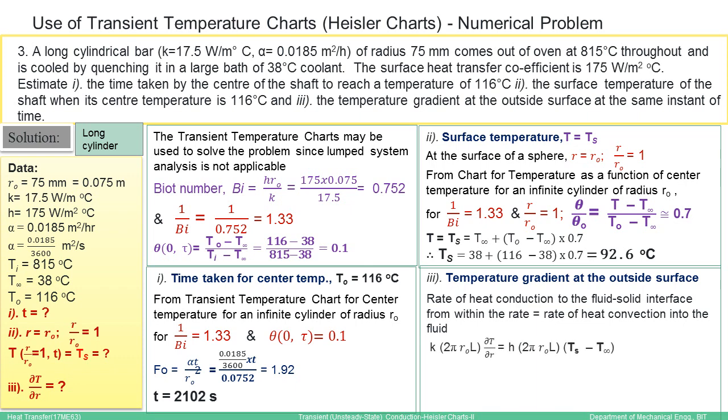By writing the equation for these two, K into 2 pi R L into dou T divided by dou r on the left hand side is the rate of heat conduction in the radial direction, so the surface area is considered, and it is equal to h into A, that is 2 pi R naught L, the surface losing the heat, multiplied by the surface temperature minus T infinity.